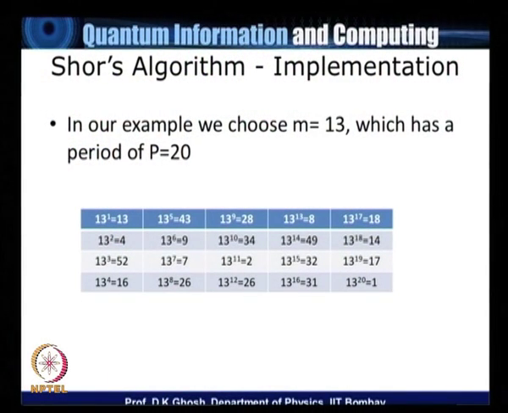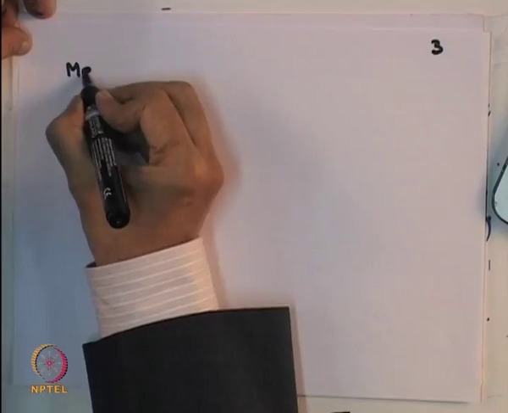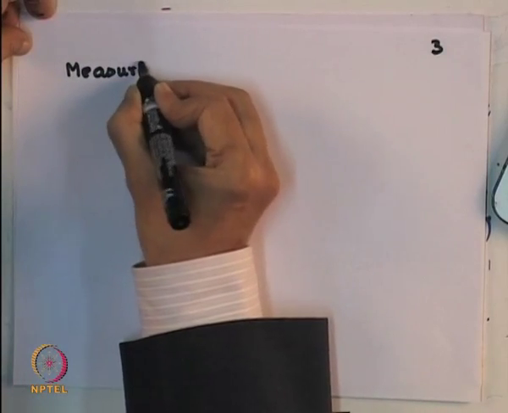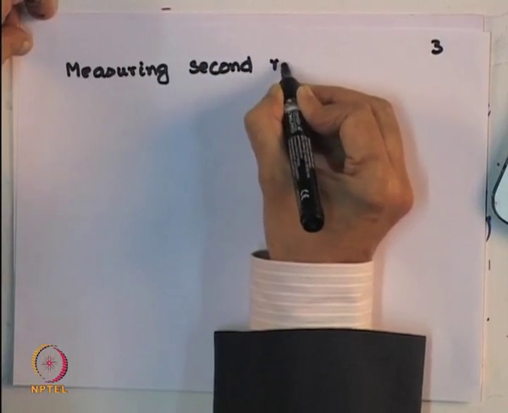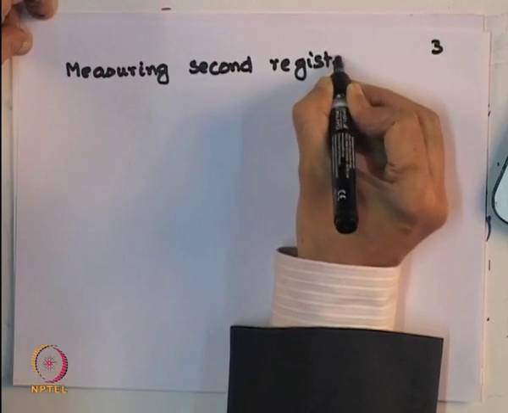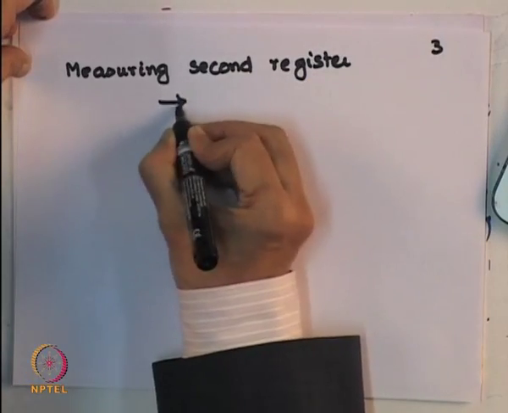You can see these were my various values, and so if I measure the second register, I would get 13, 4, 52, 16 like this. A measurement of the second register can throw up any result, and you can use any one of the members on this table to do your calculation. But let me say measuring the second register gave me, supposing it gives me 9.